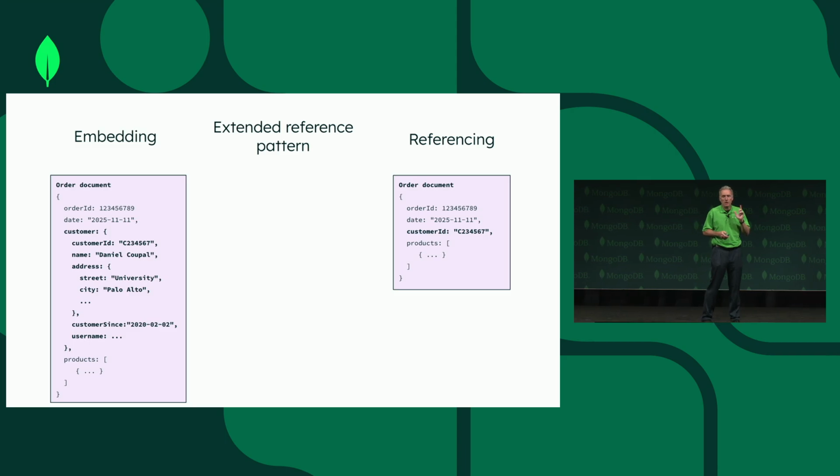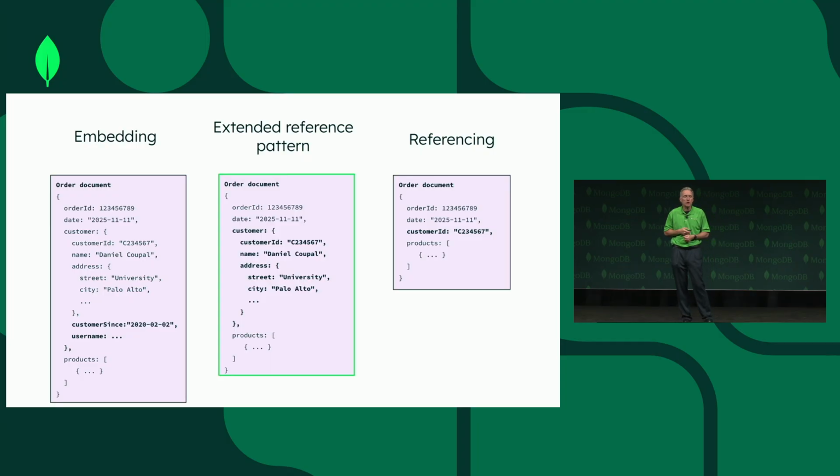If I have, for example, an order document and I have my customer, we do have that many-to-many relationship. If I copy the customer inside, I'm going to be creating that duplication that may be annoying for me because I don't want to go and update all the orders, for example. Maybe it's too big. If I leave it as a reference, I have a foreign key and I have to join every time.